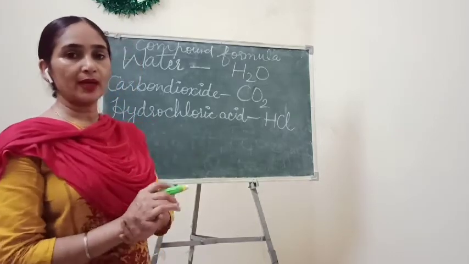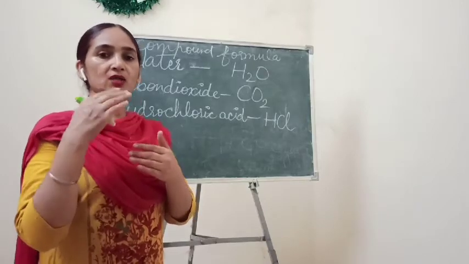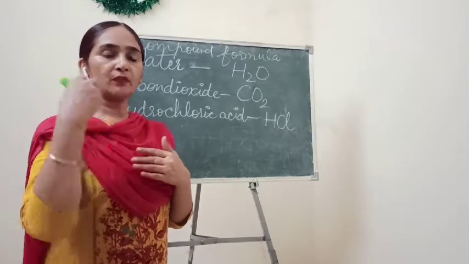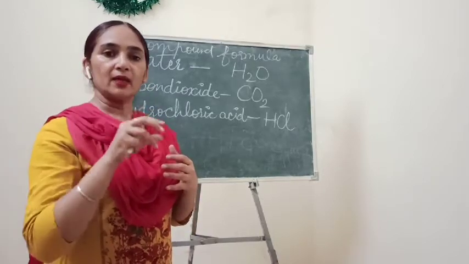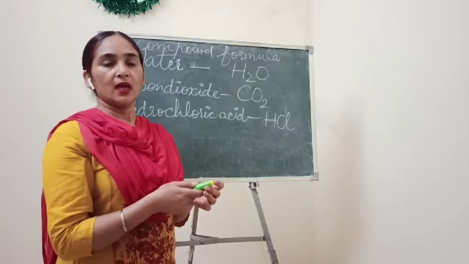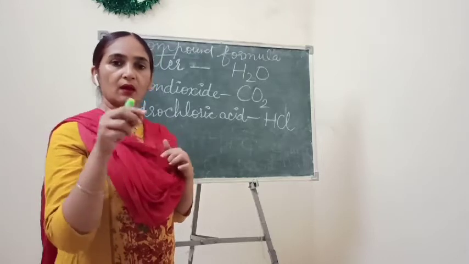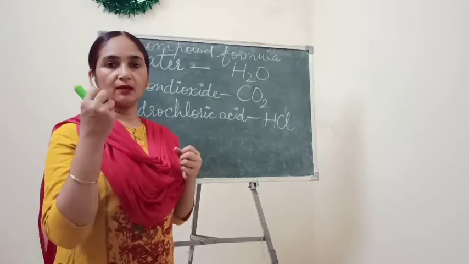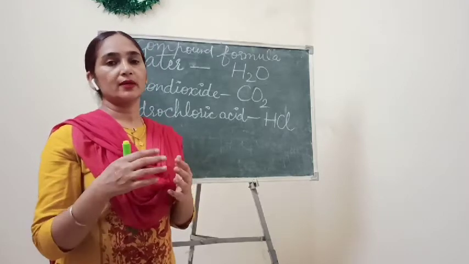Valency, I told you that day, is how many electrons are shared, donated or given by any element. It means the capacity of donating or accepting electrons by any atom is called its valency.